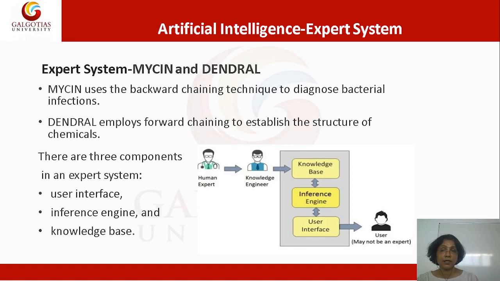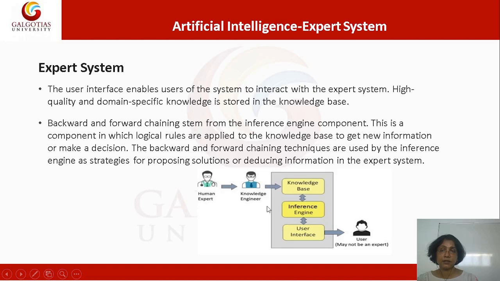to determine the structure of chemical compounds. As reflected in the diagram, an expert system contains three components: user interface, inference engine, and the knowledge base. The user interface enables users of the system to interact with the expert system.